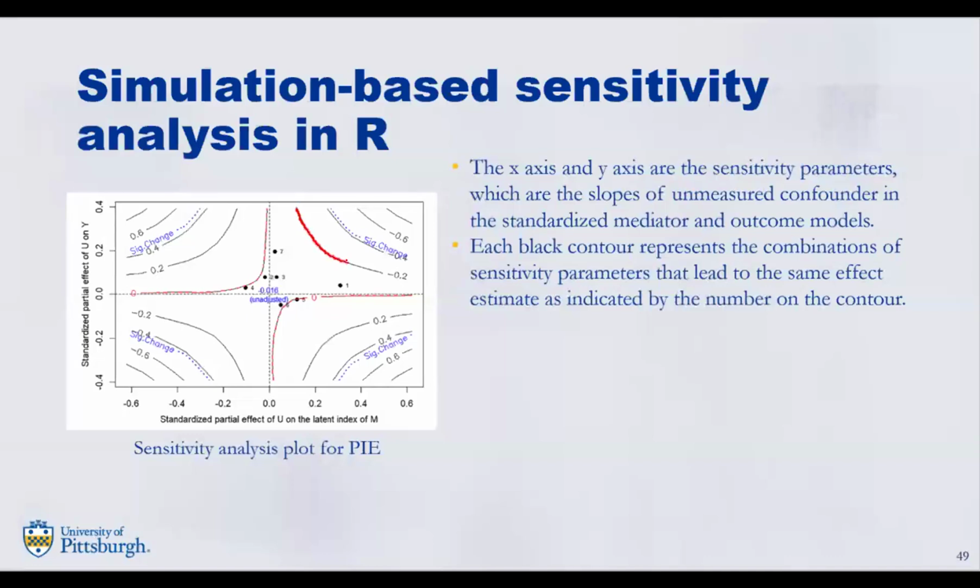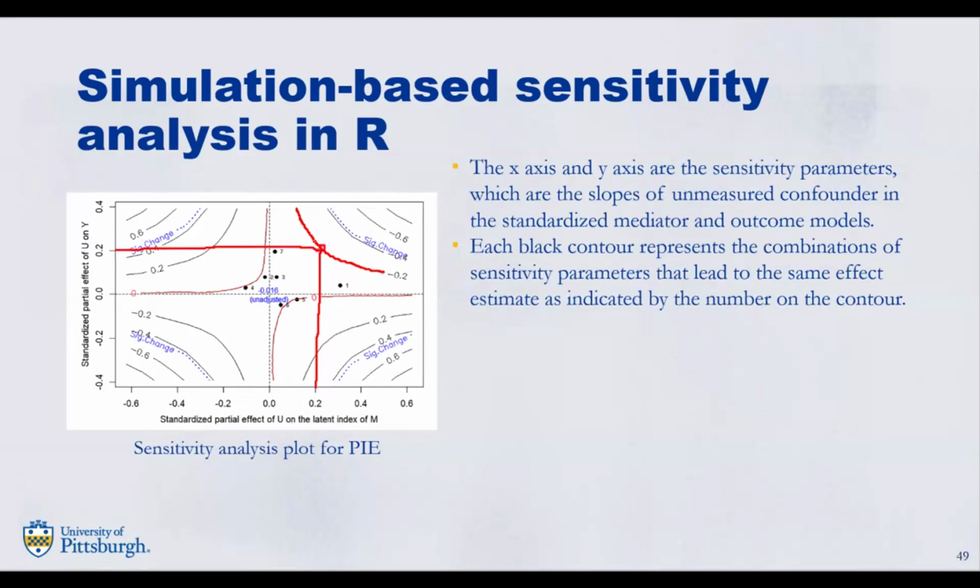What does it mean? For example, if the standardized partial effect of U on the latent index of M, because here M is a binary variable, is 0.2, while the Y-axis is also 0.2.